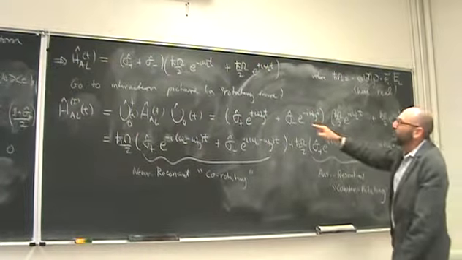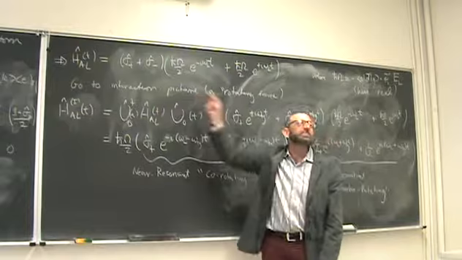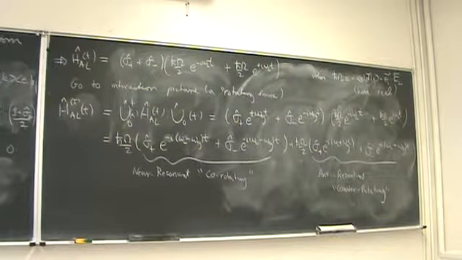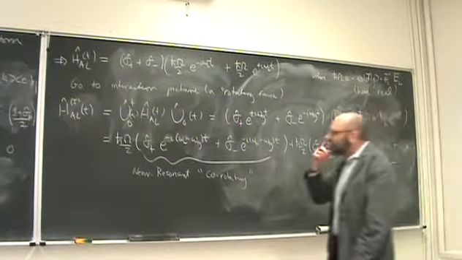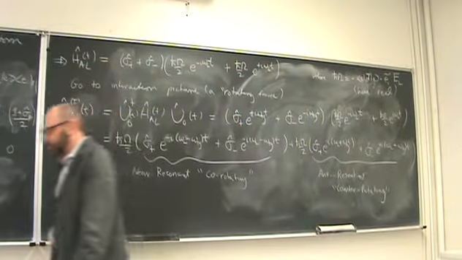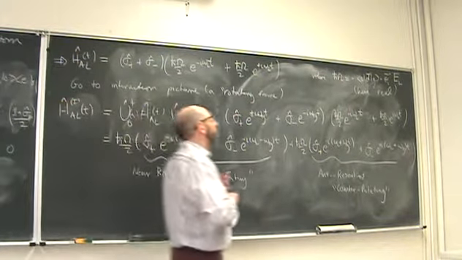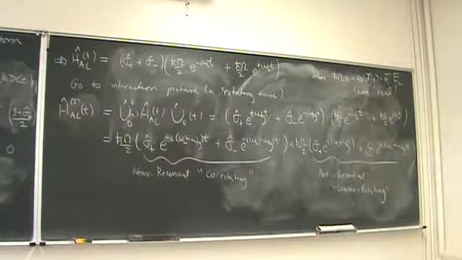Okay? Because I'm going to the interaction picture, just to emphasize a particular point. It's a subtle point, but a particular point. So the interaction picture, for those of you who know it, is the sort of intermediary between the Heisenberg picture and the Schrodinger picture, where the operators evolve according to not the total Hamiltonian, but just the free evolution.